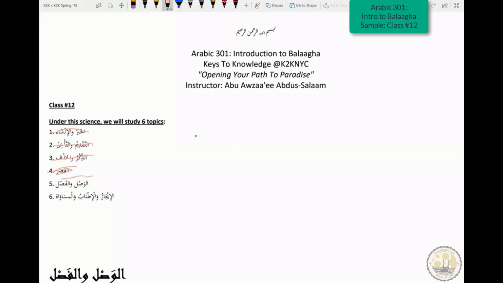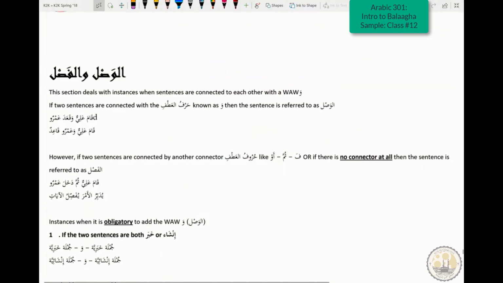Today, inshallah ta'ala, we are going to cover al-wasl wal-fasl, and provide a brief introduction to the last portion of ilm al-ma'ani, dealing with al-ijaz wal-itnab wal-musawah. In the next class, bi'idhnillahi ta'ala, we'll complete these three topics, and after that we'll move on to ilm al-bayan. So let's begin with today's topic, al-wasl wal-fasl.